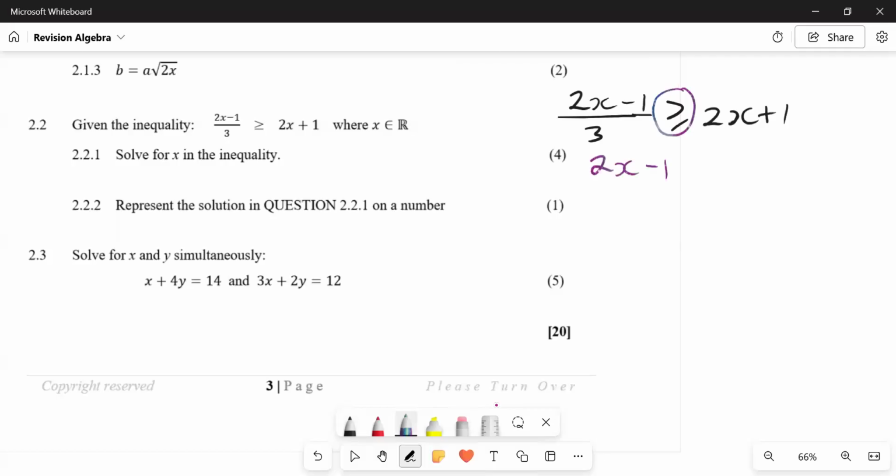What happens if maybe this was an inequality, this was equals to, what would you do? Obviously, you have to multiply both sides by 3, and then you start transposing, and then you isolate x, right? So we apply the same thing again. Even when it comes to inequalities, we apply the same thing.